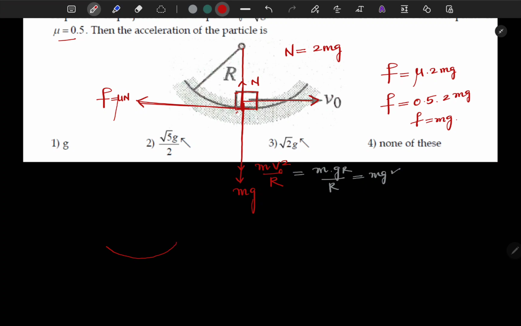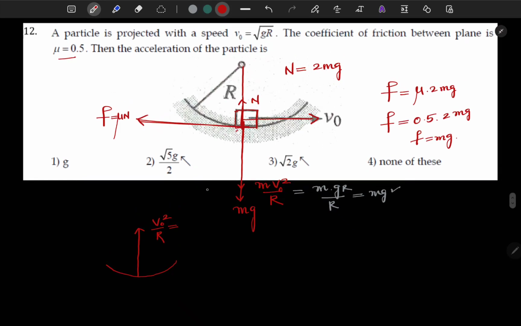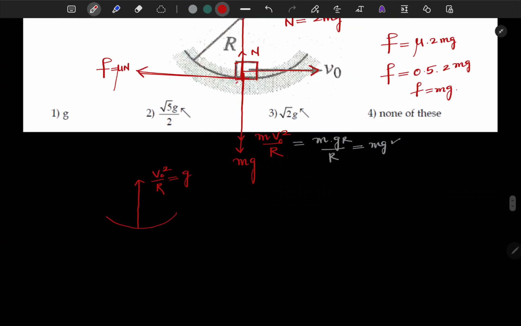Centripetal acceleration is v square by r towards the center, which is v naught square by r, which is gr upon r, that is g. And the other is tangential acceleration, which is this way.